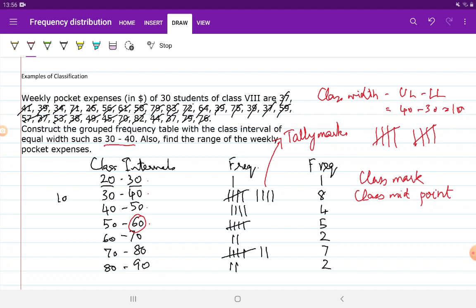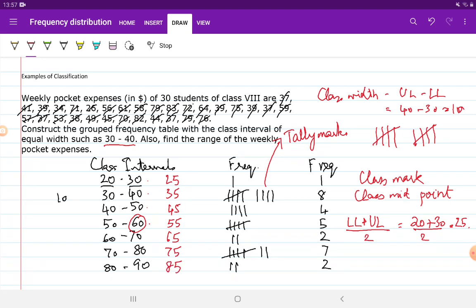Okay, the importance of this class mark or class midpoint you get to know when we graphically represent the same data. So to find the class midpoint, all you need to do is lower limit plus upper limit divided by 2. Right, so in the first class interval, that's 20 plus 30 by 2. That's 50 by 2 is 25. Right, so if I had to find the class midpoint or the class mark, it will be 25, 35, 45, 55 and so on.